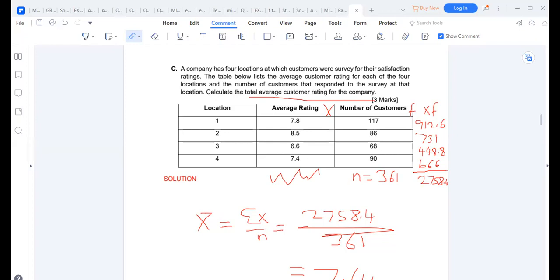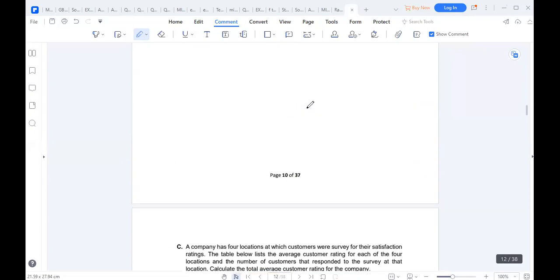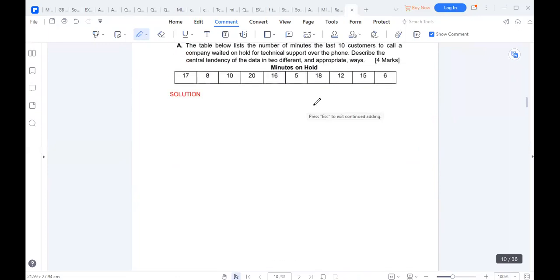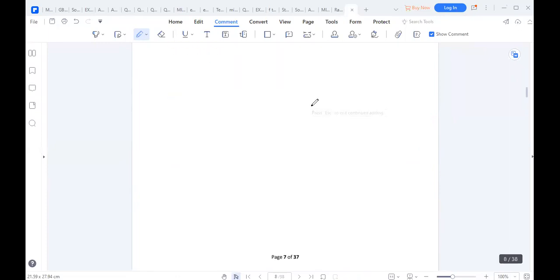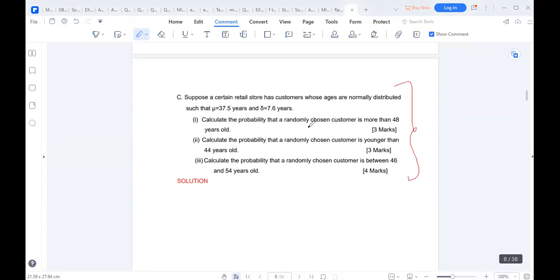All right, okay. So I will end here. Collins, before you go, could you go back to the previous question? What was the previous question about? So I hope you know how to find the mean.